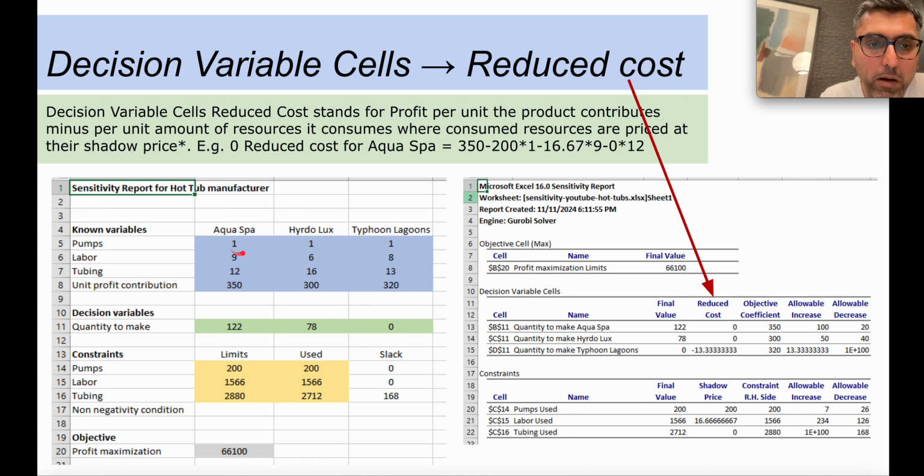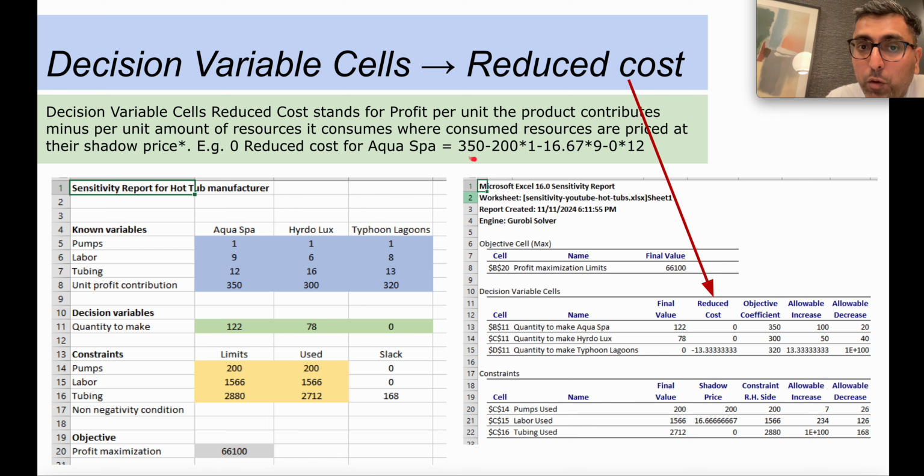We are using one pump, so it's 200 times 1, because of the shadow price. Shadow price is the price that you would contribute for each unit of pump. So each additional pump would contribute $200. We'll get to shadow price later, but imagine this to be the contribution of using this pump. If you had to use this pump, you had to pay $200 because each pump is valued at $200.